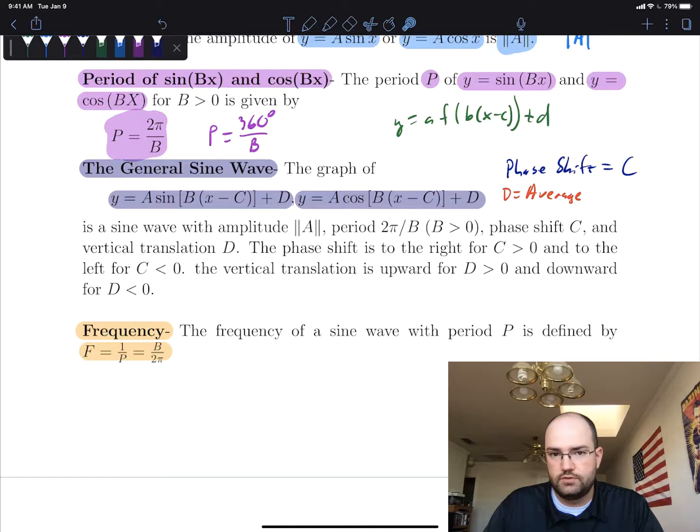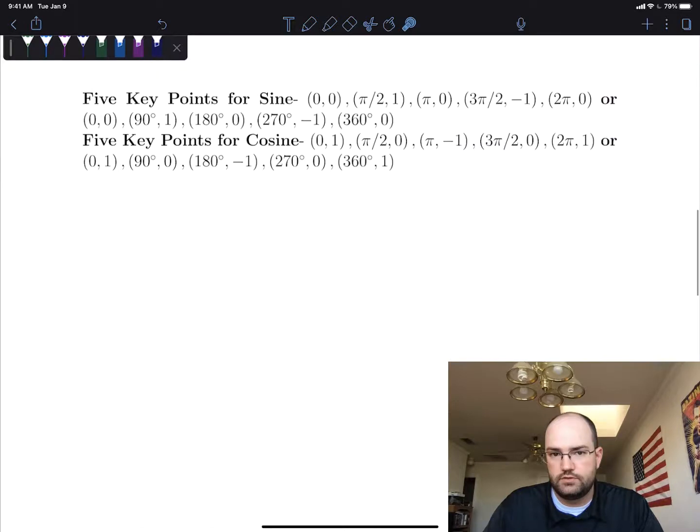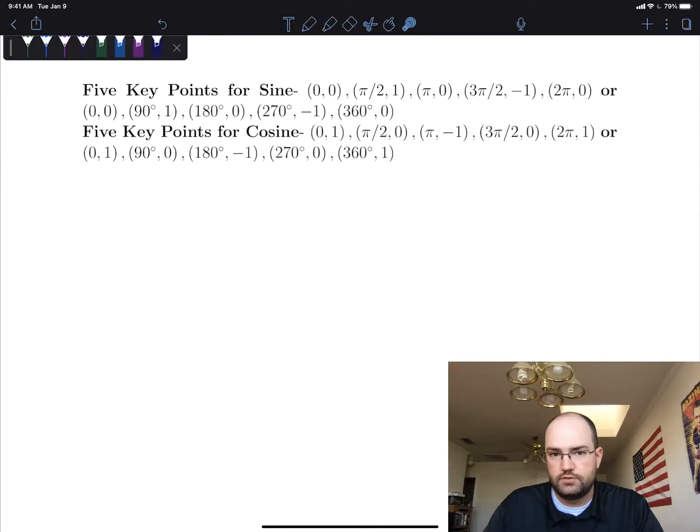So the period and frequency are very important, especially in terms of light waves. Everything that we're talking about is extremely important, but that's extra important. All right. Well, I think that's it. Nope, that's not it. Almost.